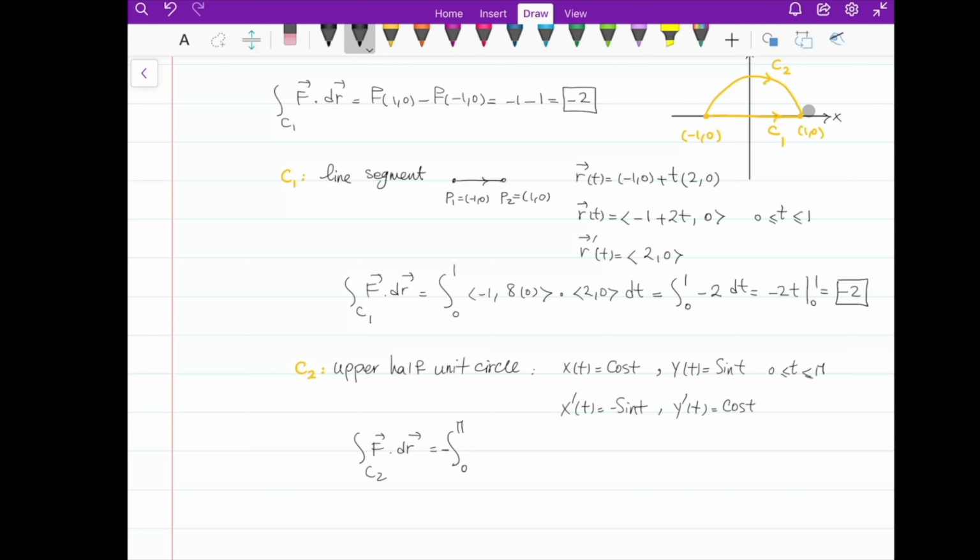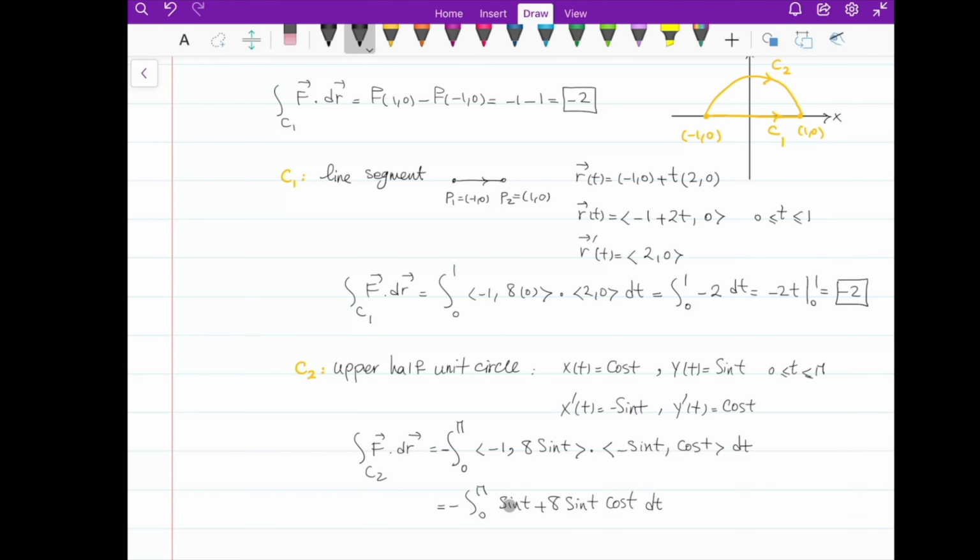Then the vector field f at our parameterization, which is negative 1 and 8 sine t, dotted with r prime of t, which is negative sine t and cosine t, and then dt. So it's negative the integral from 0 to pi. The dot product is sine t plus 8 sine t cosine t dt.